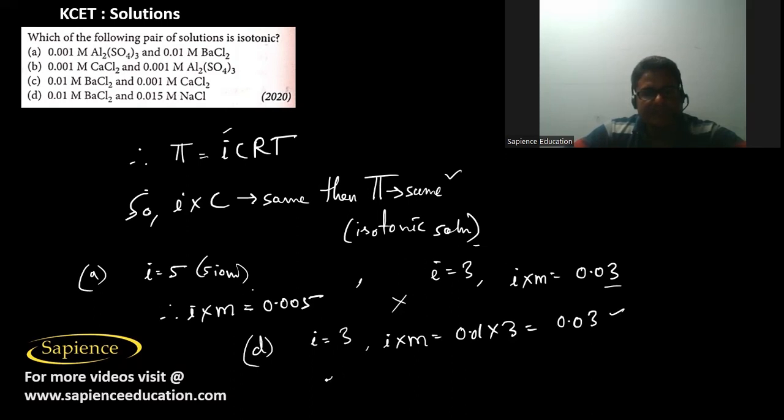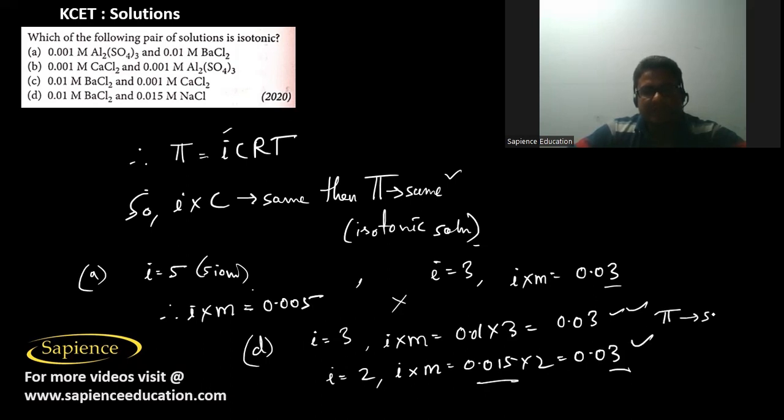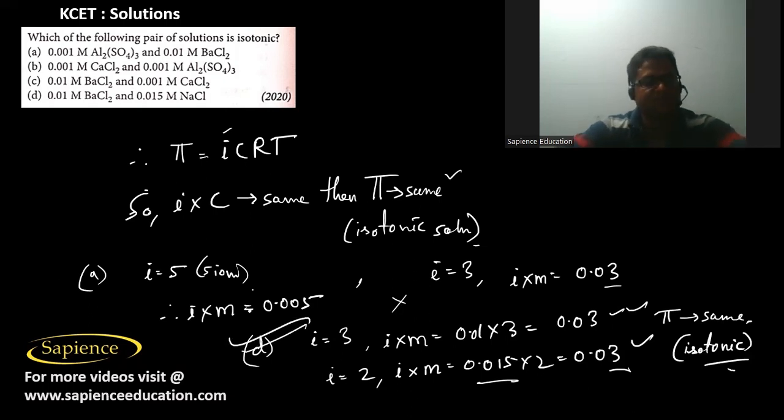And for NaCl, the Van 't Hoff factor i is 2, so i into the molality of the solution will be 0.015 into 2, so that will again be 0.03. Since the i into m value is the same, their osmotic pressure pi will also be the same, so they are isotonic solutions. So option D is the correct answer.